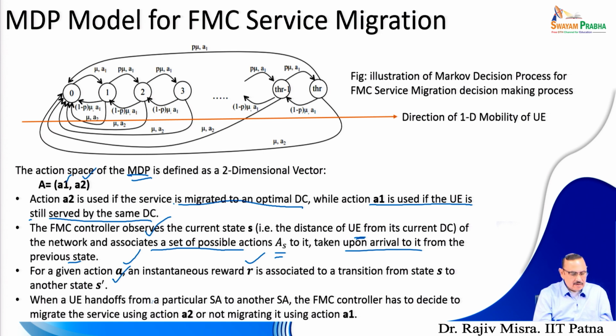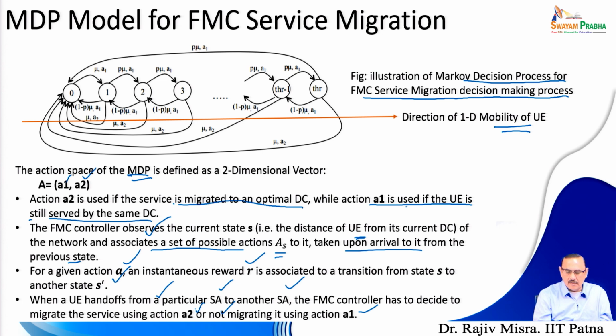Now, when the user equipment hands off from a particular service area to another service area, the FMC controller has to decide whether to migrate the service using action A2, or not migrate it using action A1. Let us see this figure, which illustrates the Markov decision process for the FMC migration decision making process. Here you can see the direction of 1D mobility of the user equipment, that is 0, 1, 2, and these are the service areas.